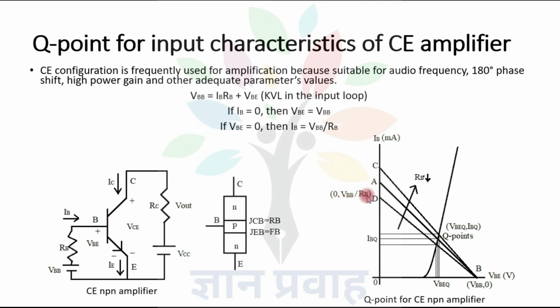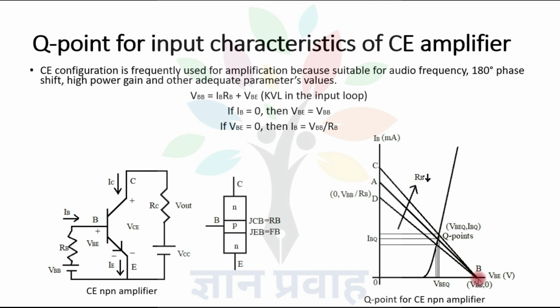When RB is reducing, it means this point is increasing because it is inversely proportional to RB. So these 3 plots are simply showing that when we reduce the value of RB, the DC load line is shifted towards the upward direction.